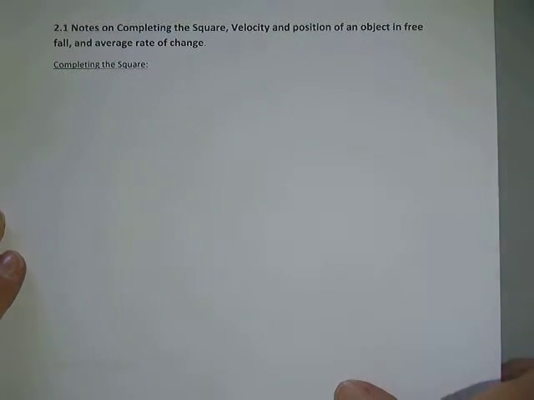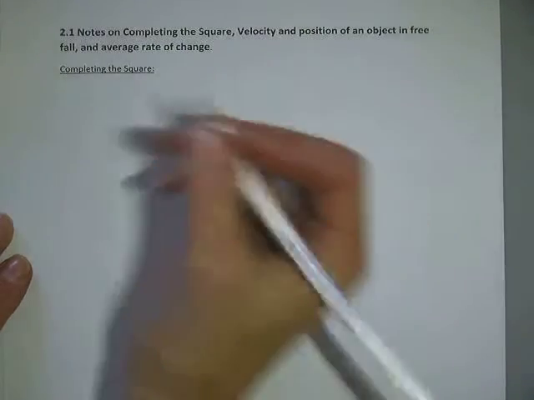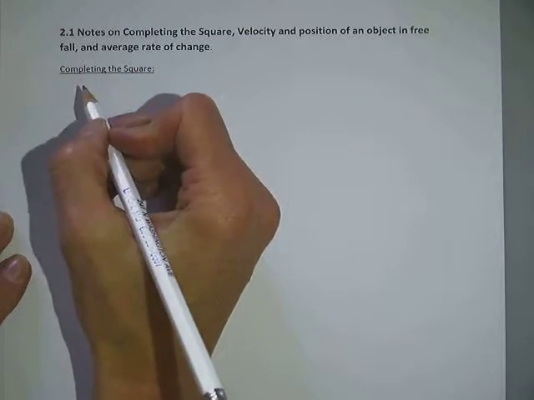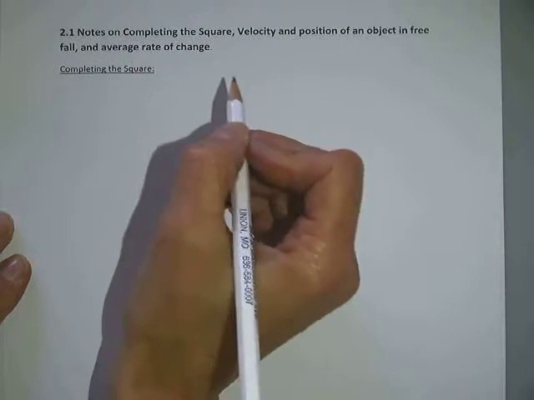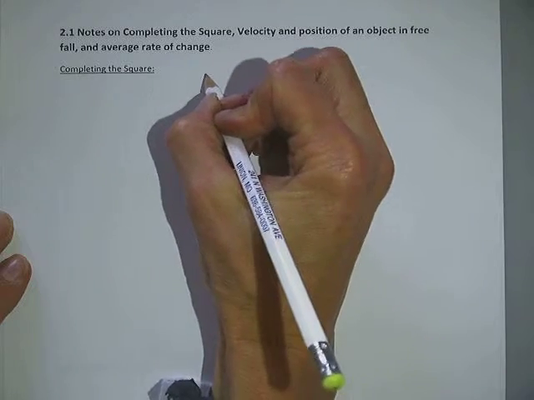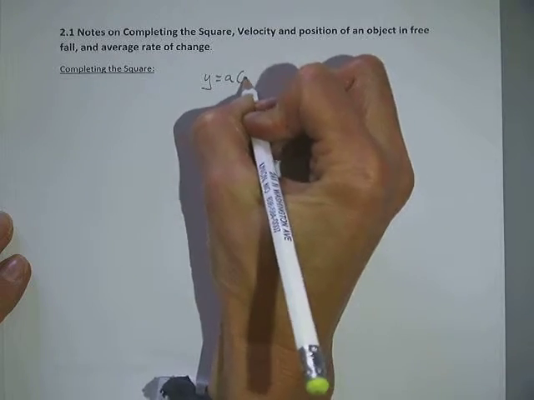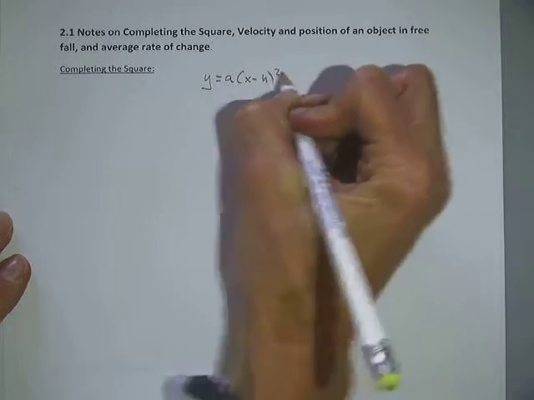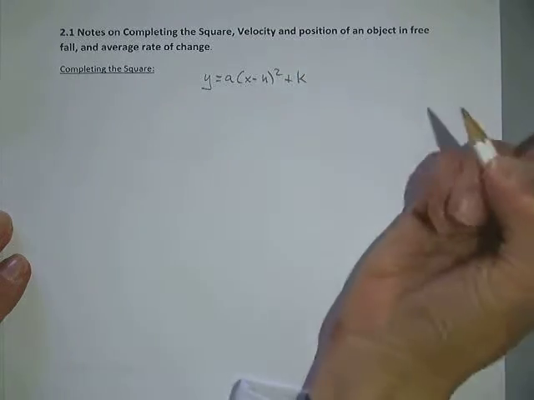Completing the square has to do with factors, okay? And in the homework that you did the other night, we looked at equations that look like this: a(x minus h) squared plus k, correct?